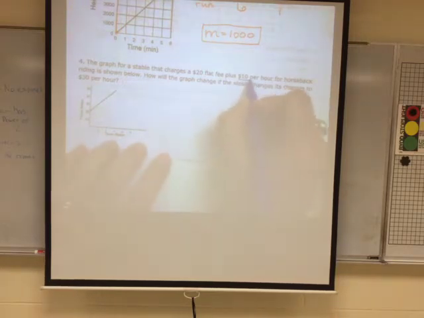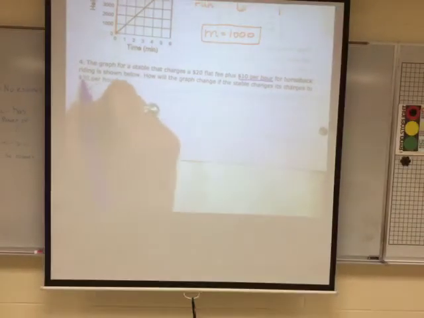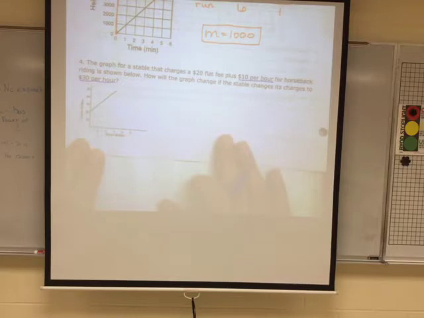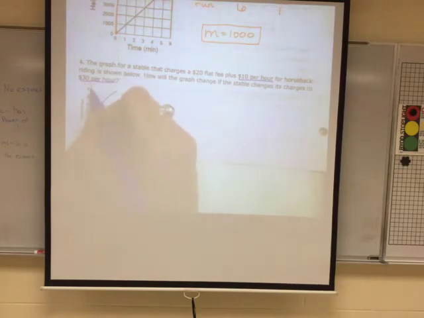So the $10 per hour and the $30 per hour are the slopes that we're comparing. So here I notice that it starts at 20. If I go up 10 and increase an hour, up 10 and increase an hour, that describes my slope. So if I change this to $30 per hour, I would go up 30 and over 1.